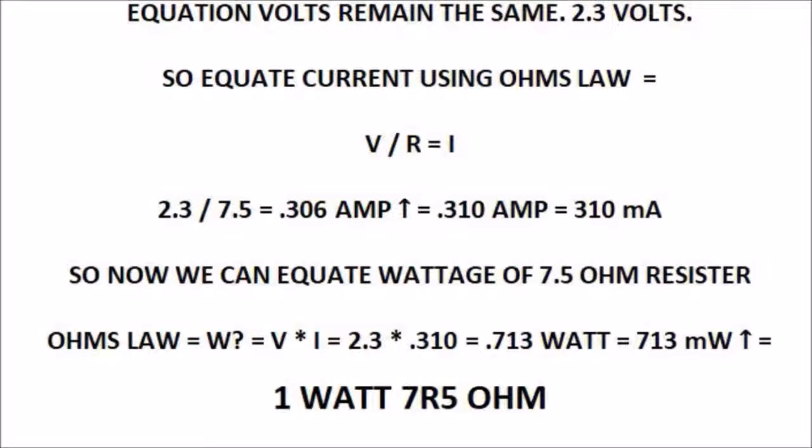So we require a 1 watt 7.5 ohm resistor. Yes, the LED will run a little bit dimmer because of the higher resistance and different current.